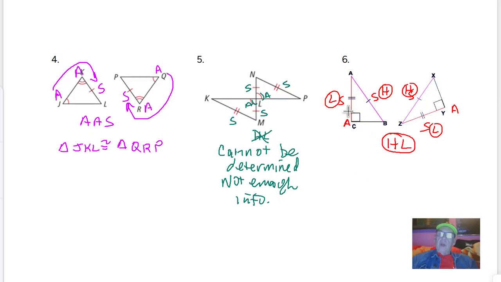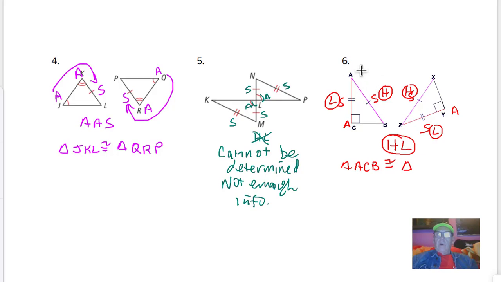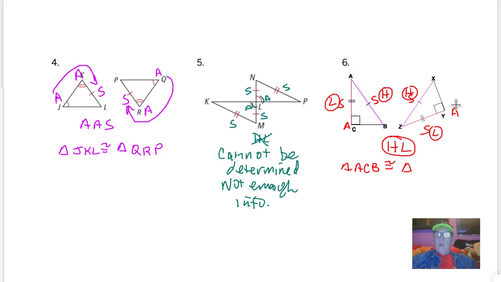So if I went A to C to B, on the left, I would have to go from A to C. That doesn't look right. Let me see here. I'm going along the leg.